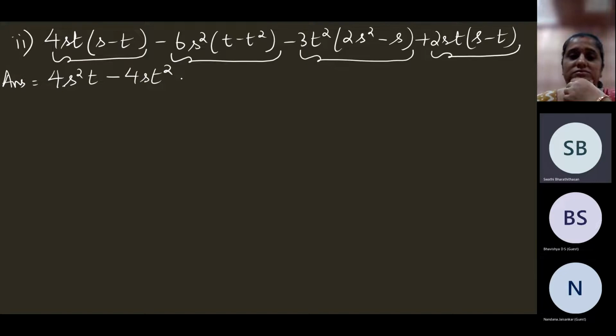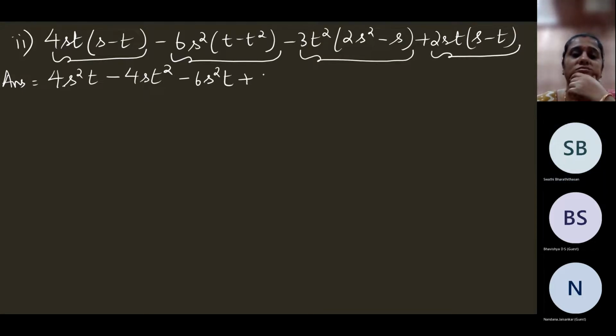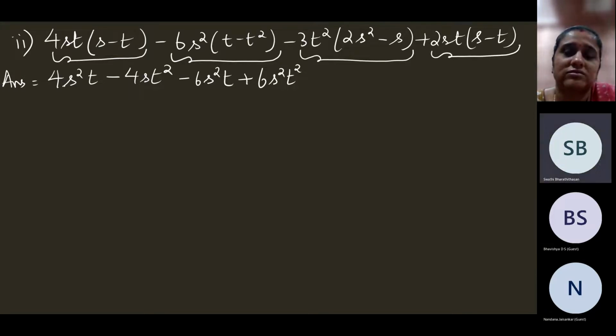Next, Swati. Minus 6s square t, ma'am, and then plus 6s square and t square, ma'am. Now you multiplied 6s square and t square. What is the sign 6s square carries? Minus, ma'am. What about t square?